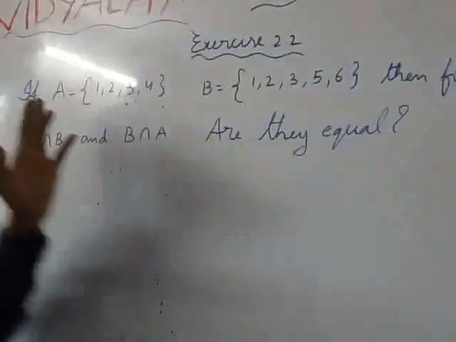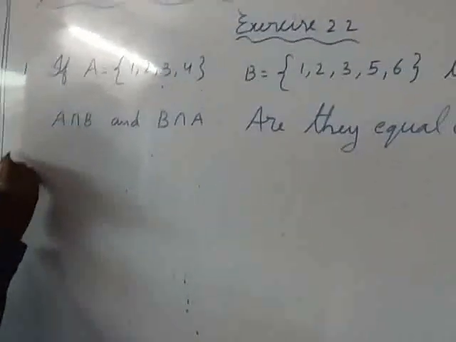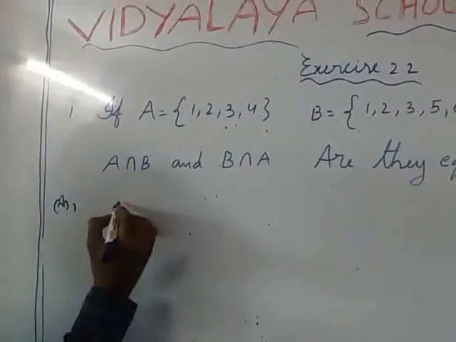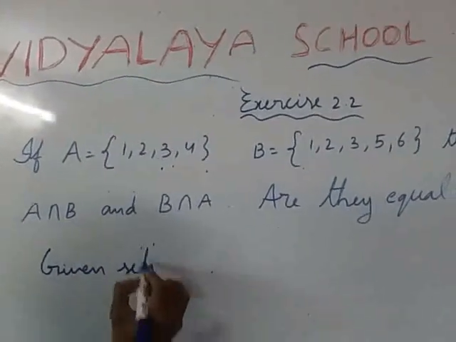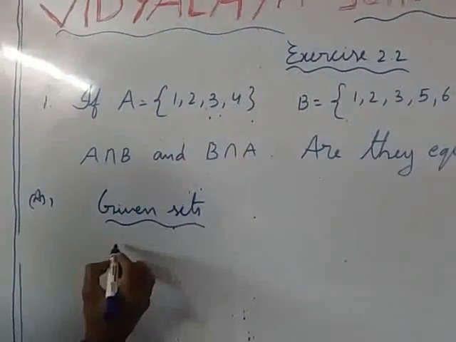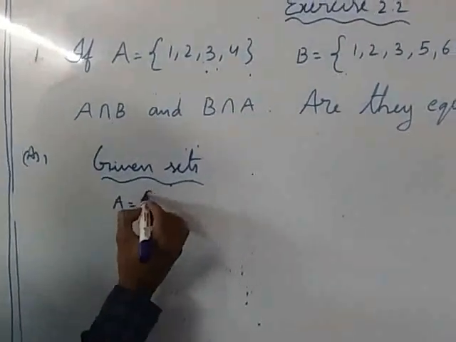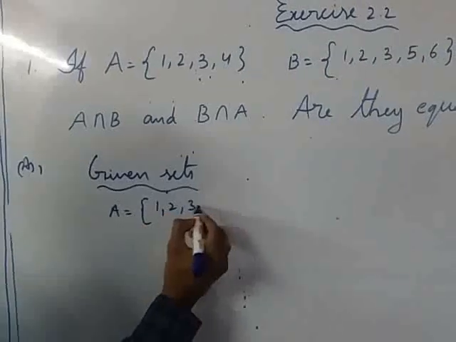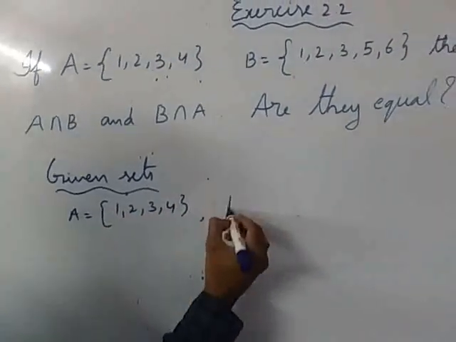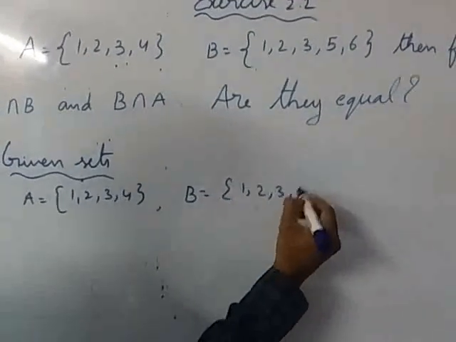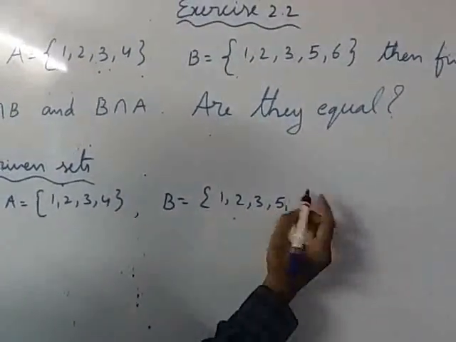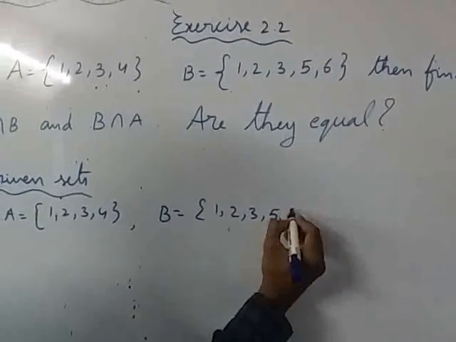So first of all, the given sets: A equal to 1, 2, 3, 4 and B equal to 1, 2, 3, 5, 6.